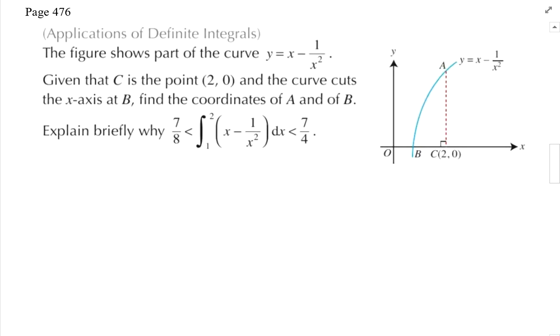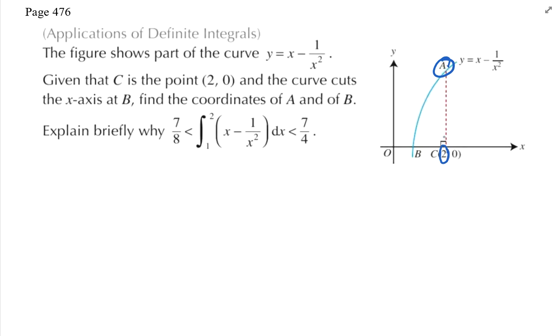Let's take a look at point A first. Do you know anything about point A? Yes, it lies on the curve y is equal to 1 over x minus 1 over x squared, and you know that it's directly above C, where the x value is equal to 2.